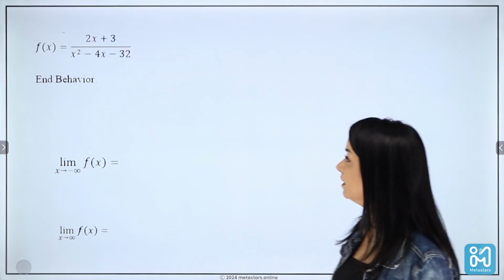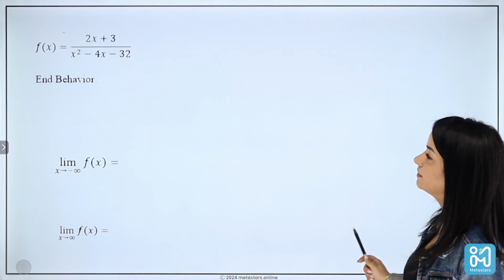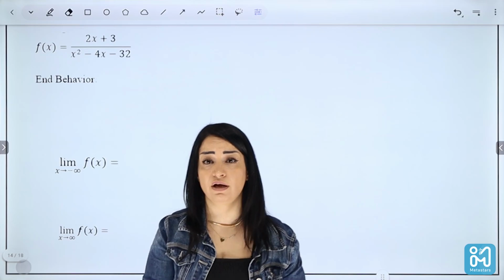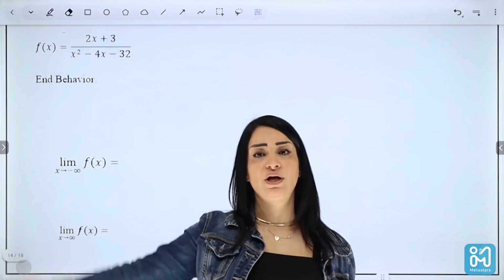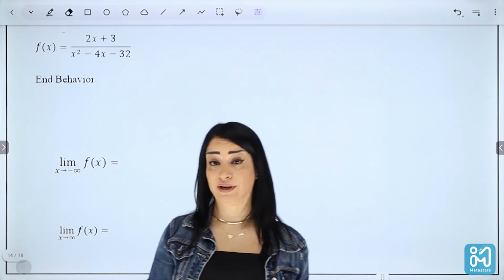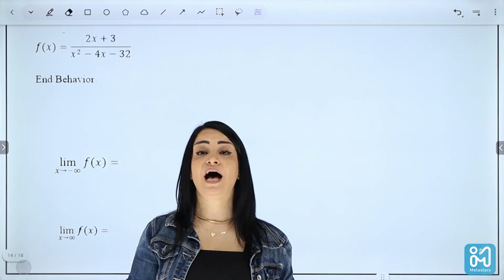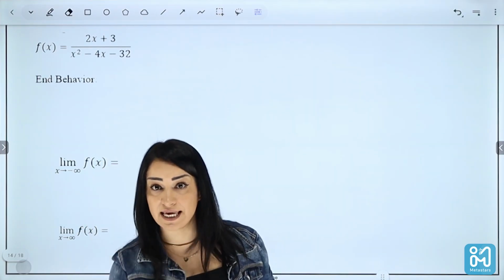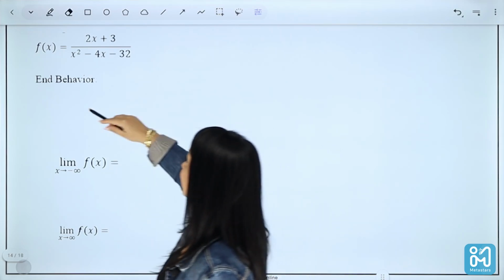Here, we need to find the end behavior as we're getting the limit. So, directly, we said when the degree of the denominator is more than the degree of the numerator, we will get a horizontal asymptote at y equals 0, because the power takes the horizontal down to y equals 0.